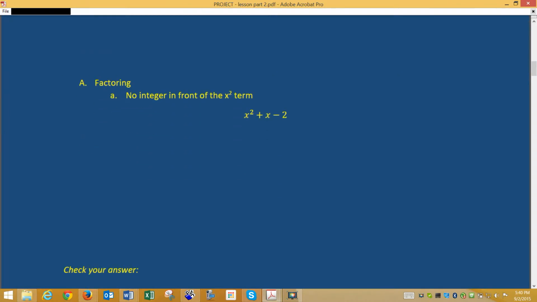Okay, so let's start off with when the number in front of the x squared is a 1. So what we look at first is this last term here, which is the -2. And we look at factors of -2 that add or subtract to give us the middle term, which is a +1, because that's what is in front of the x.